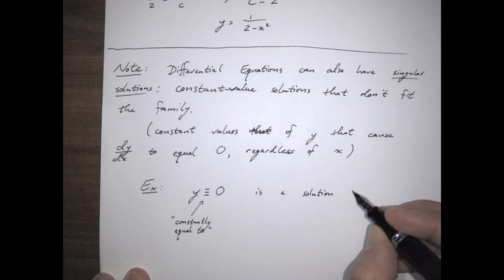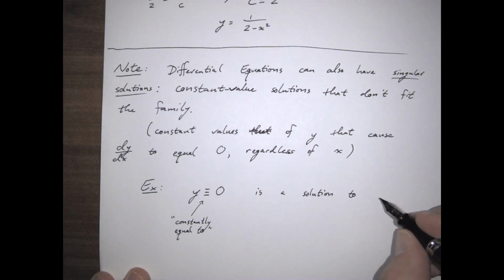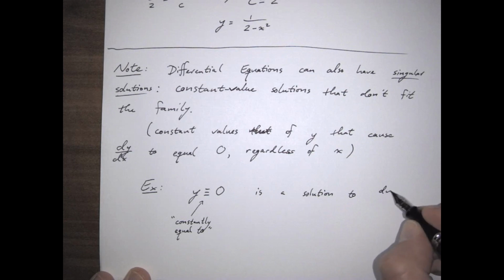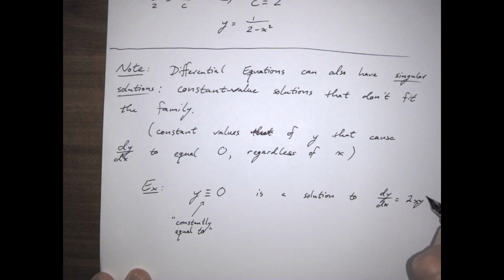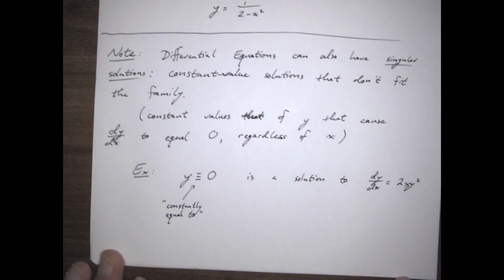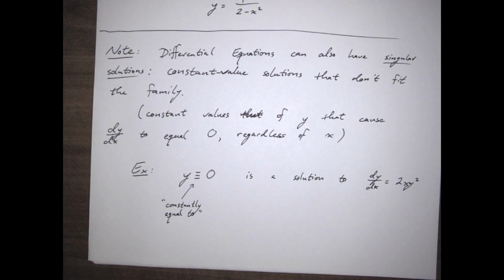This is a solution to dy/dx equals 2xy squared. And sure enough, you can see that if y is constantly equal to 0, then the derivative of y also has to equal 0.